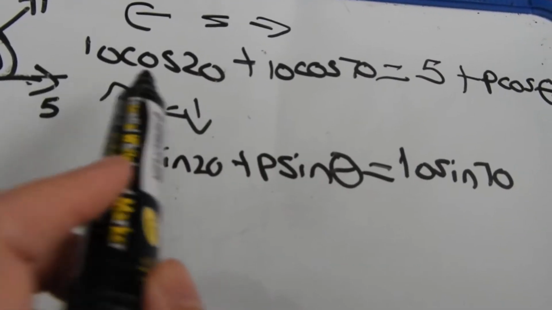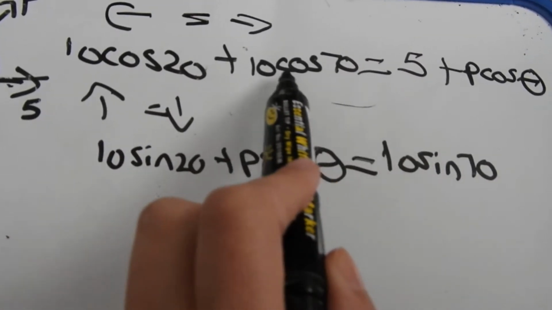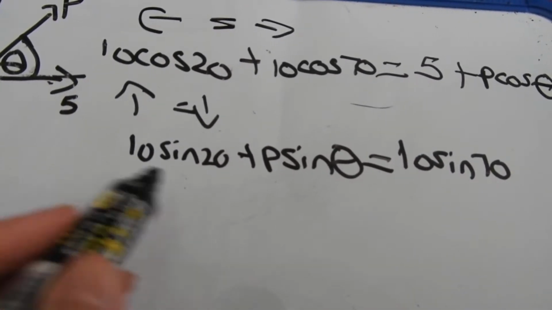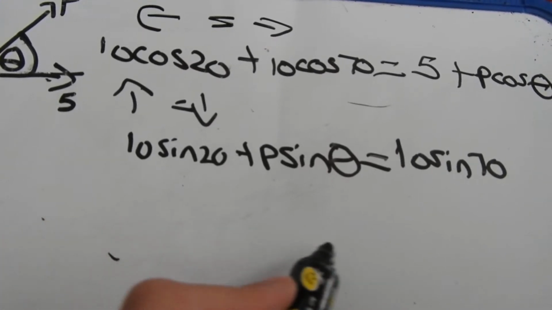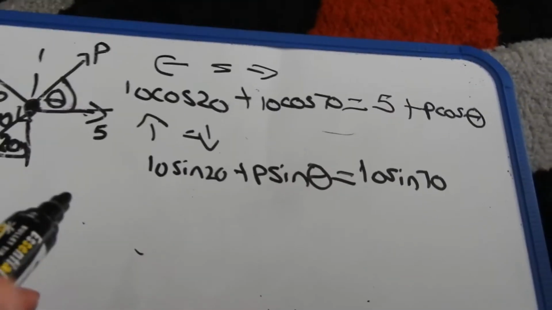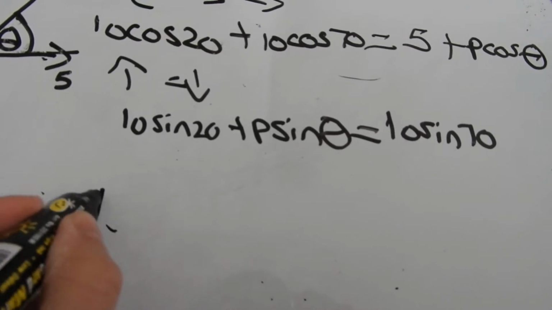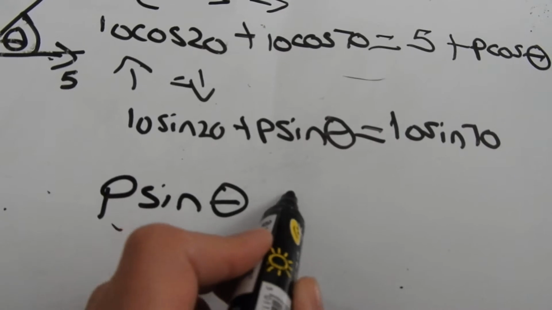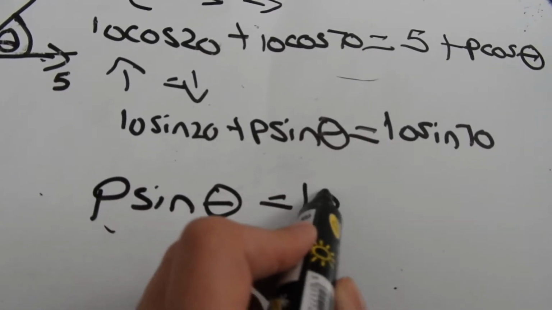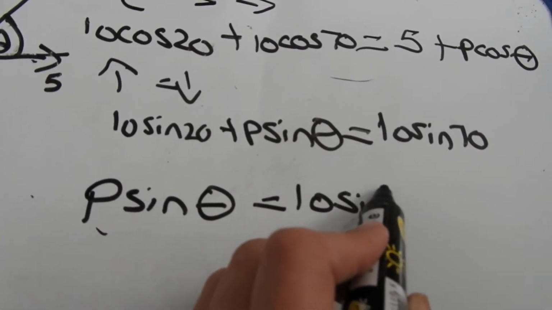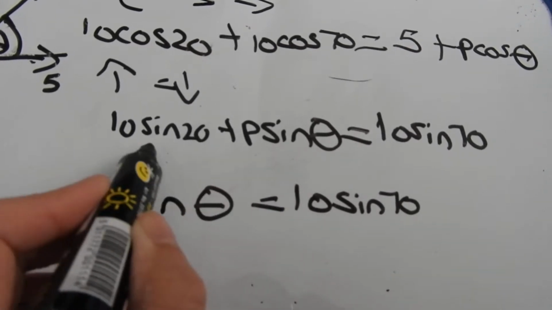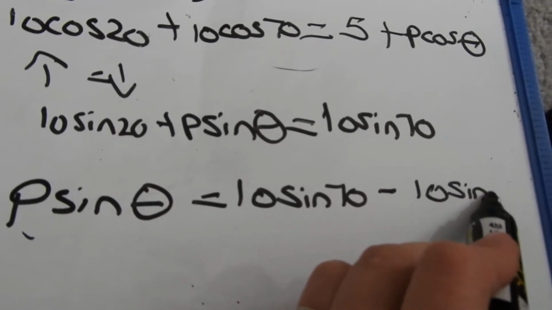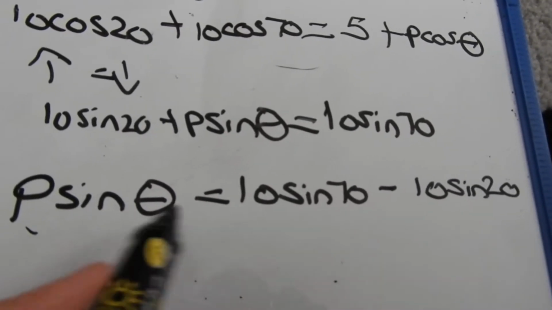In this case, I'm going to bring the 5 over to this side and take it away from this, and on this side, I'm going to take the 10 sine 20 over here. So P sine theta is equal to 10 sine 70, bringing this over, minus 10 sine 20. Okay, so there we go.